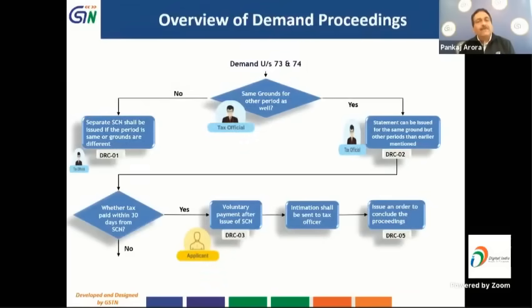So here is an overview of the demand proceeding. As I have elaborated in my presentation, if the tax official issues the demand notice and summary in form DRC-01, or, in case the demand notice has been issued for a previous period on the same grounds, a statement of demand and summary in form DRC-02 can be issued for the subsequent period.